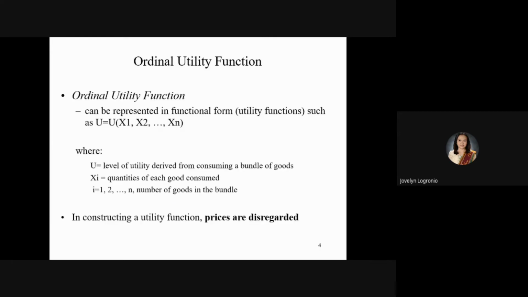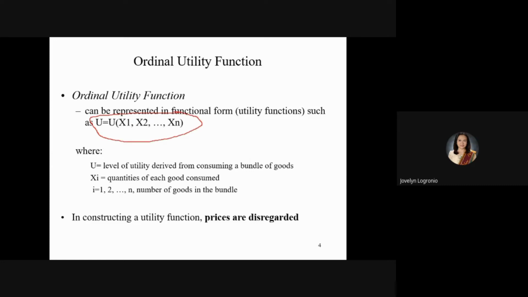We have also the term ordinal utility function. So when we say function, ano yun? Parang equation, di ba? Or relationship between two variables. Okay, so the ordinal utility function is expressed as this one.